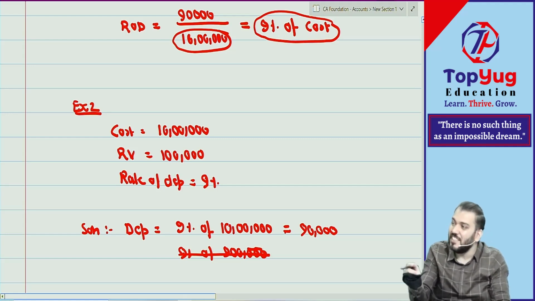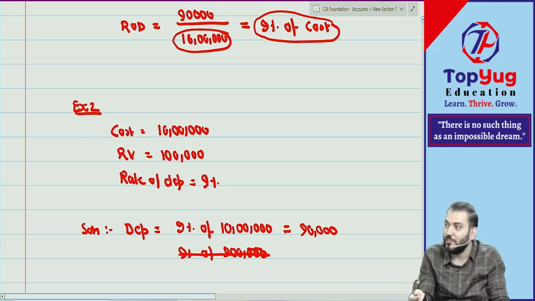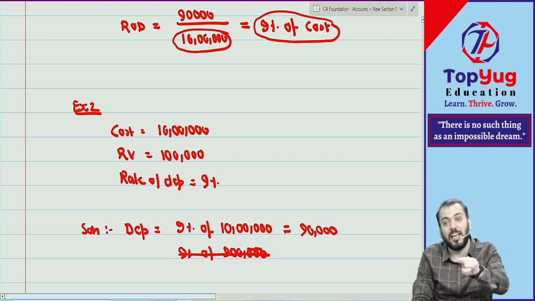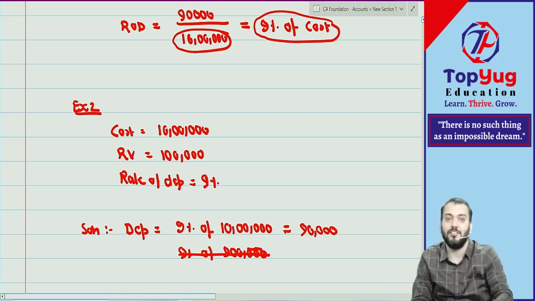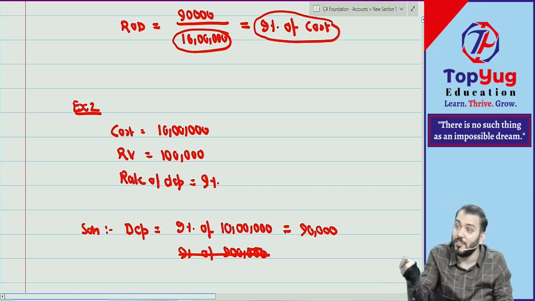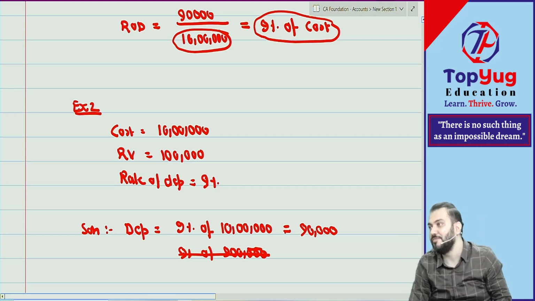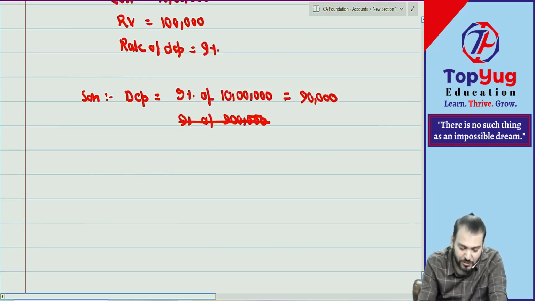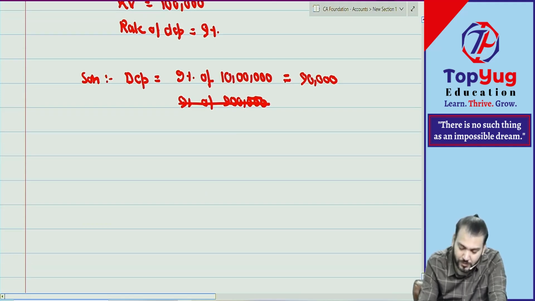But this rate is always calculated on cost. So even though the question is silent, suppose they have given a rate of depreciation 9%, it is deemed to be on cost. It will always be on cost. Have you understood this point?